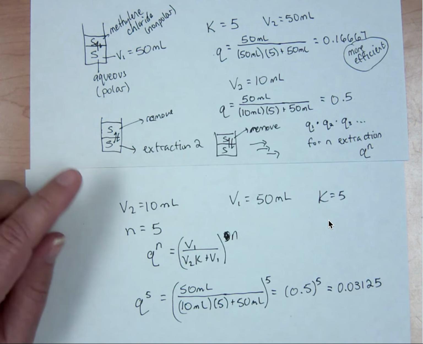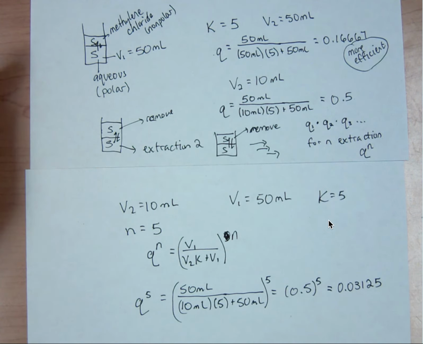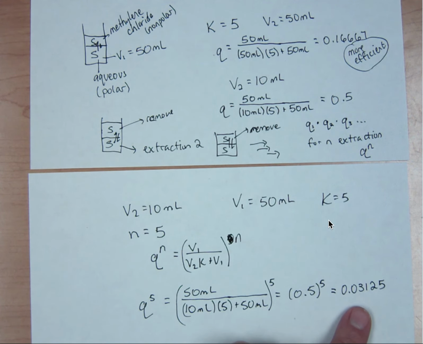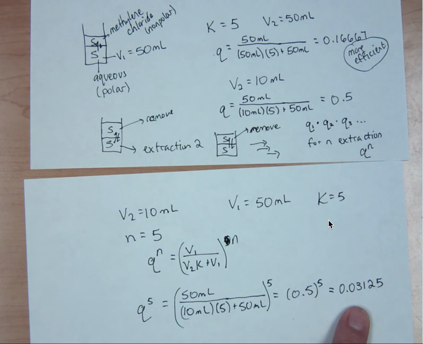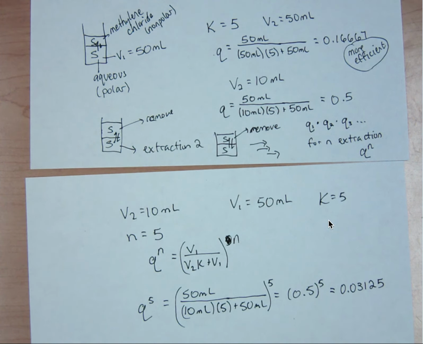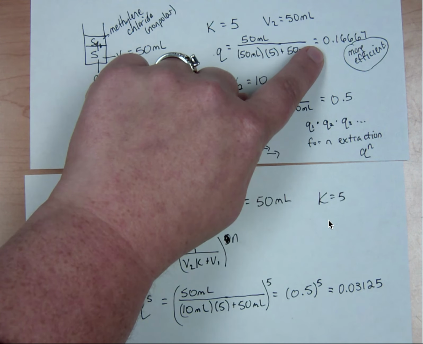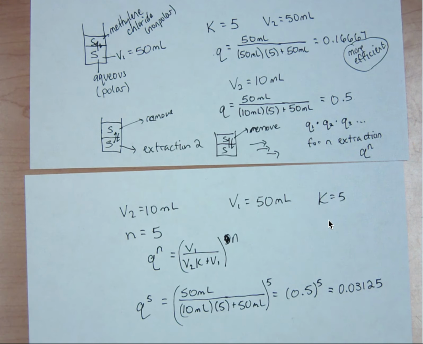If we use the same total volume of methylene chloride, a total of 50 mils, but we break it up into 5 sequential extractions of 10 mils each, now we have a much better efficiency, much lower fraction of the analyte left in phase 1, or only 0.03 of the analyte left. So only 3% is left here, whereas we left 16% of our analyte there.